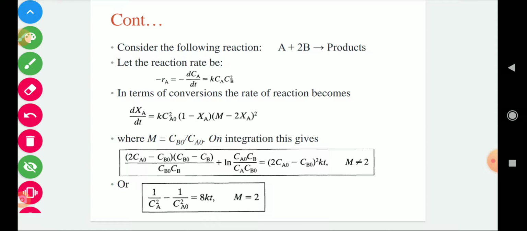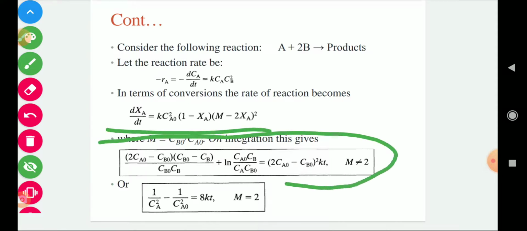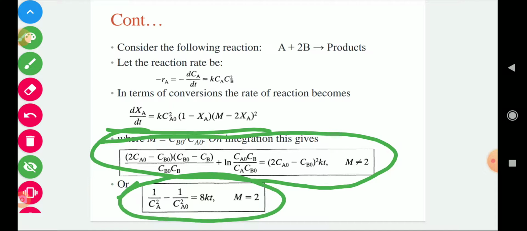If we integrate this equation, we finally get this expression for m not equal to 2, and if m equals 2, we get this equation after we integrate.